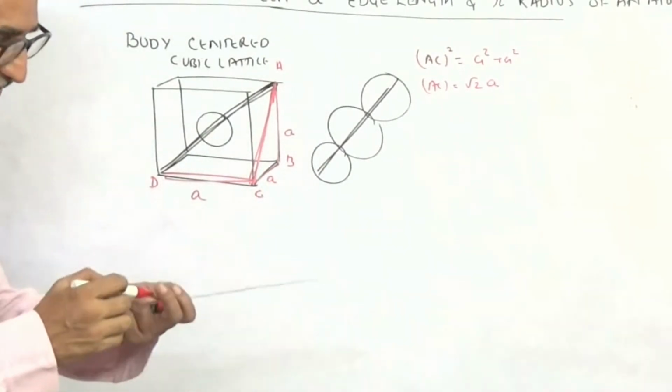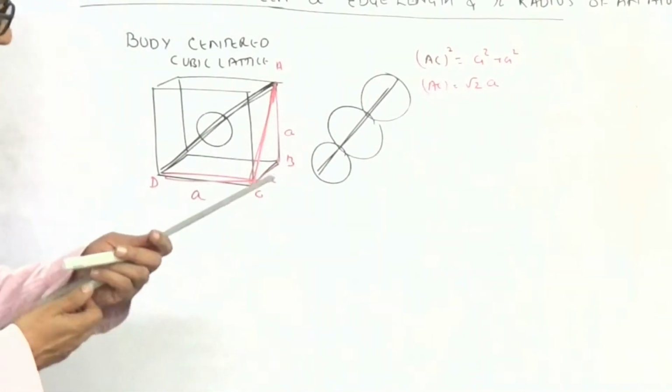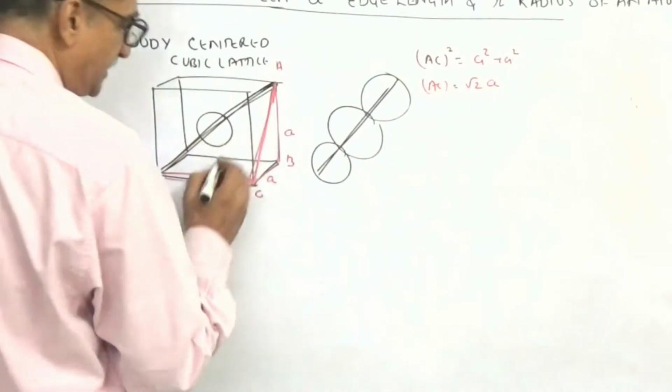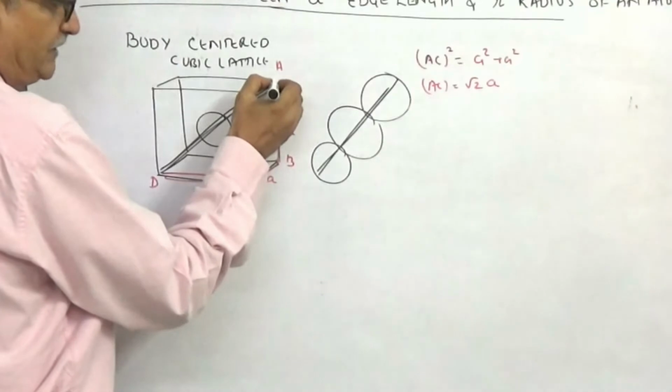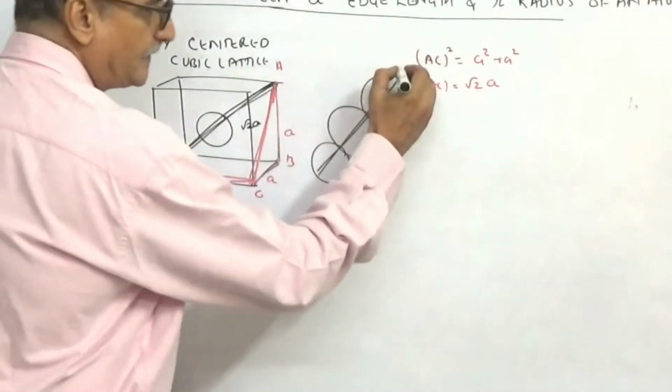So now we have a triangle. This is A, this is root 2 A, and then we will get the value of AD.